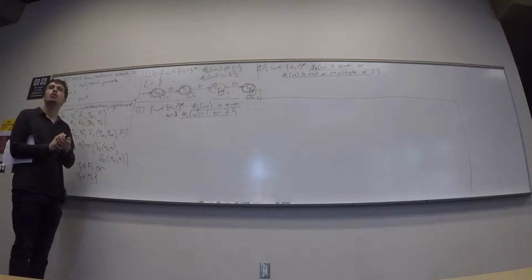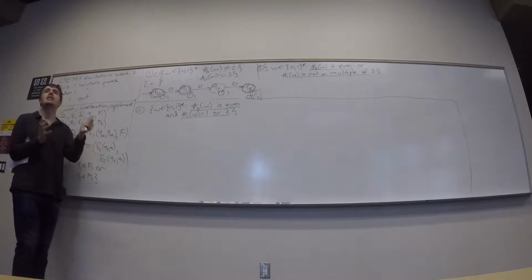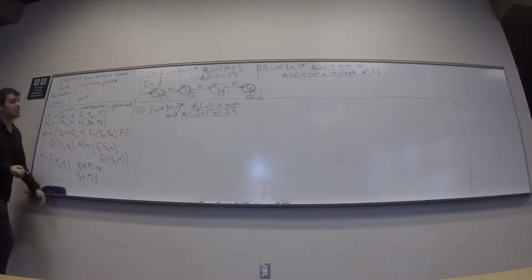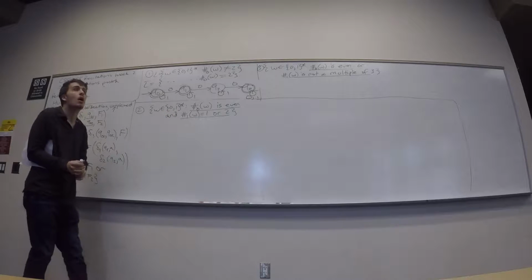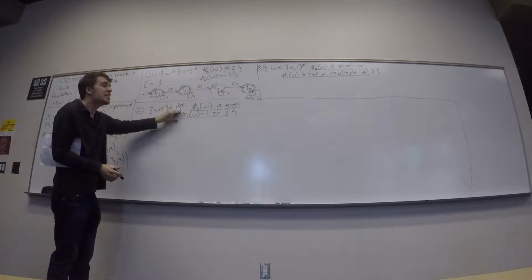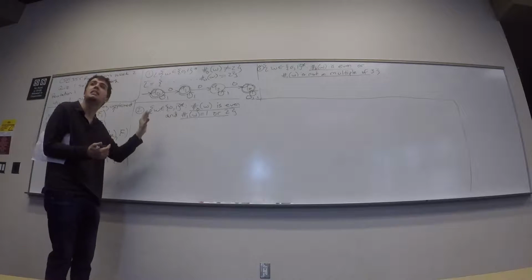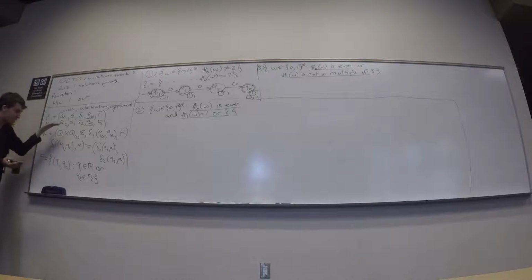The "and." So what do you think that corresponds to? Yeah, it sounds like intersection, right? Because it has to satisfy this condition and this condition. So if I can make a DFA for the first part and a DFA for the second part, can I make a DFA for the whole thing? Yeah, that is essentially exactly what we just went through at the beginning.